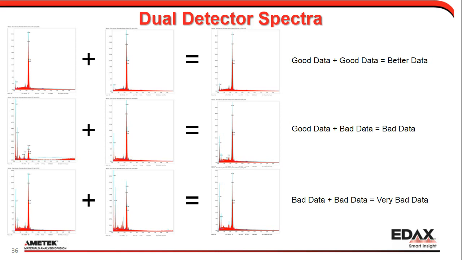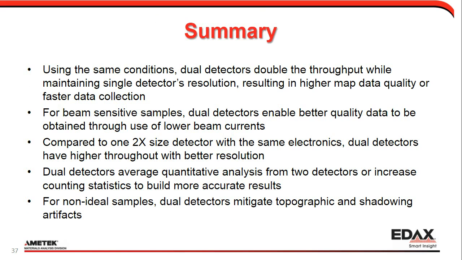So, to the summary, if we have the same conditions, the dual detectors will double the throughput and maintain single detector resolution, so you can get higher map quality or faster data collection. If you have a beam-sensitive sample, you are inherently or typically limited in how much current you can put down.